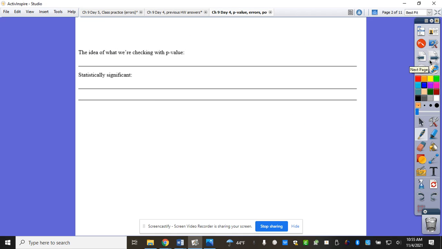So, continue with what we're actually saying right now. So, what is the idea of what we're checking with p-value? To see if the probability of our statistic occurring is, what do I actually compare p-value to?